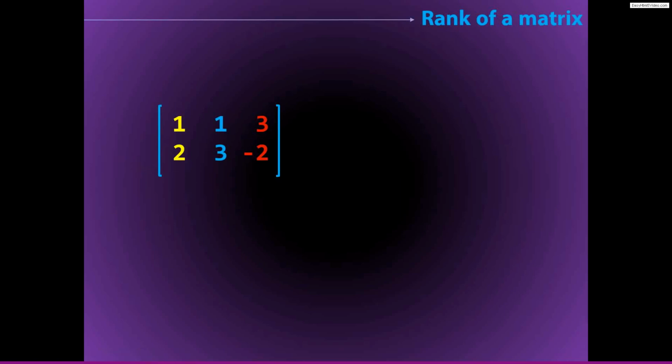We don't ask whether this matrix is linearly independent. Now we ask, what is the rank of this matrix? And the rank of a matrix is the number of columns that are linearly independent, or the number of rows that are linearly independent. So the answer here is that the rank of this matrix is 2, because the total number of linearly independent vectors here is 2.